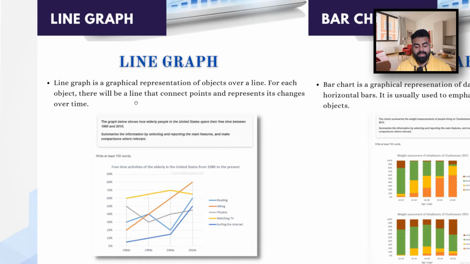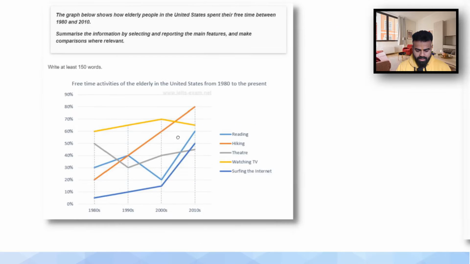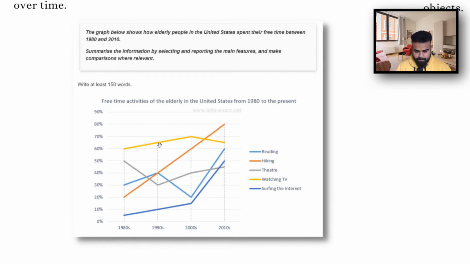In line graph questions, basically you would see a line that represents various elements and changes over time. As you can see on the screen, right? So we have this line, then we have multiple lines. So you see this reading, hiking, theater, watching TV, surfing the internet, these all are different elements of the graph, right?